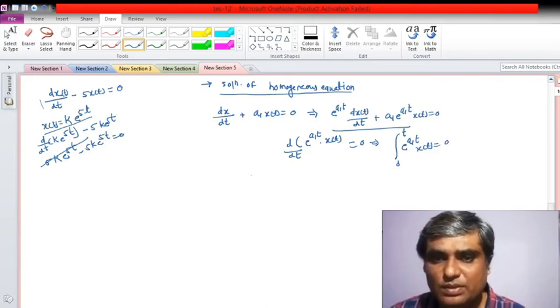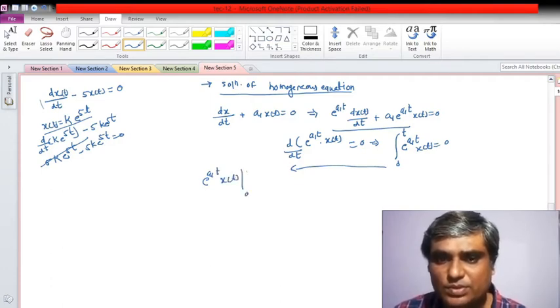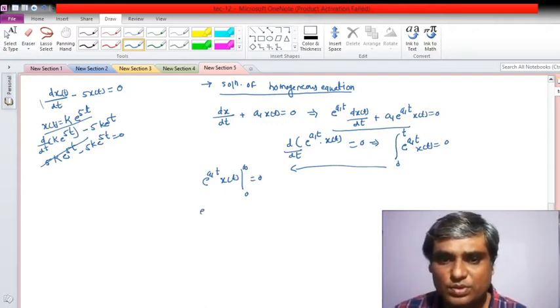So it will be e raised to a1t x of t, evaluated from 0 to t, and this is equal to 0. So e raised to a1t x of t minus x of 0, which was 0.